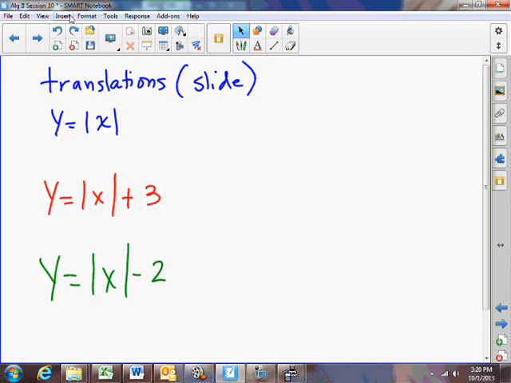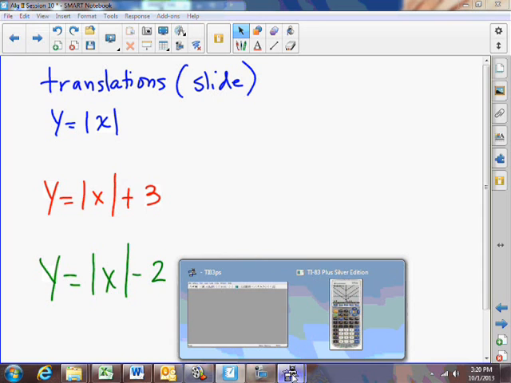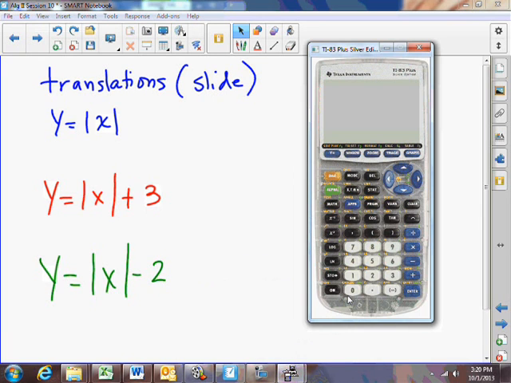On the last video, we discovered that if you add or subtract something to a function after the function has been performed, that has the effect of moving the graph up or down. See, y is equal to the absolute value of x is the V that has its vertex right on the origin.